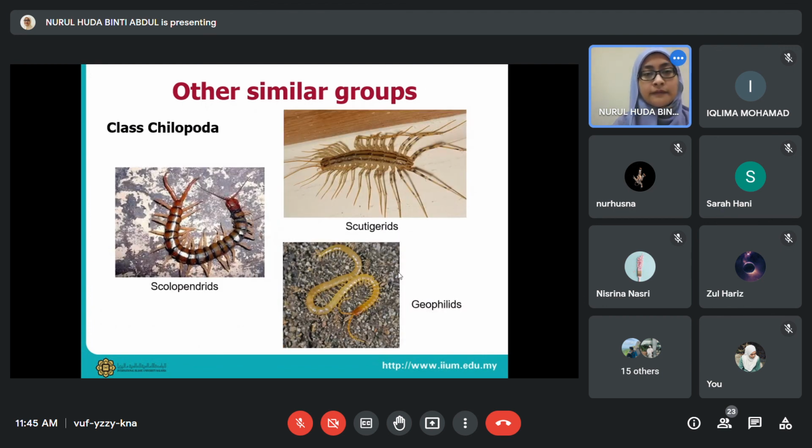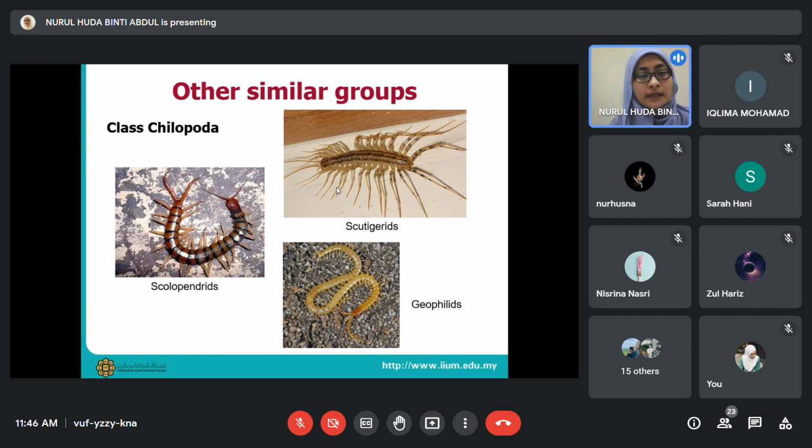And now we have the group of Chilopoda, which is centipede. Okay, tadi millipede, now centipede atau kita panggil lipan. The most common one is this one lah, Scolopendrid group, which is keluarga lipan. Okay, this group Chilopoda, okay, actually has segmented legs, almost like other arthropods.